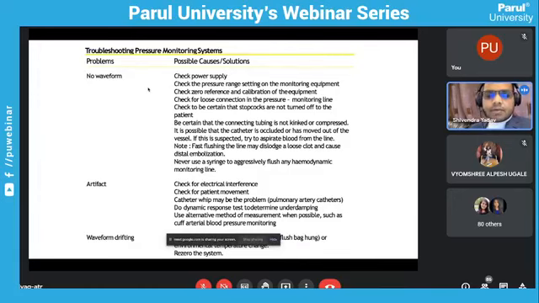Okay? And be very gentle with these pressure transducers. You should never use a syringe to aggressively flush any hemodynamic monitoring line. For flushing, you should always use a pressure bag because it gives a constant pressure and constant flush with the transducer.